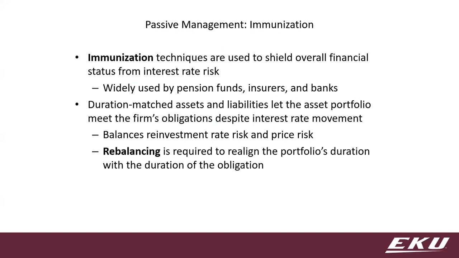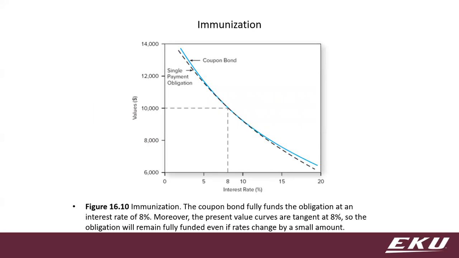And we're talking about averages, but then we can balance our portfolio to have a similar profile, and therefore they will balance with each other, right? And so this is what immunization looks like. We're basically trying to make it as close to tangent as possible. If you see here, with our current interest rates, we match up, but we're trying to build the portfolio so even if it moves, they move together.